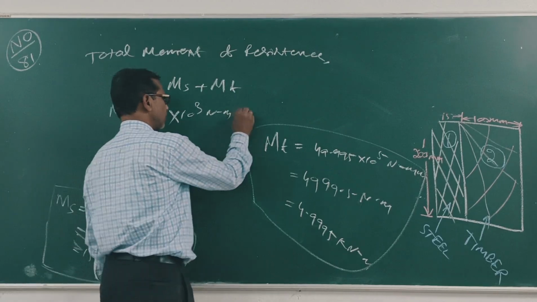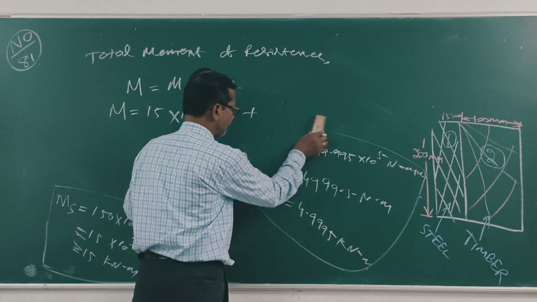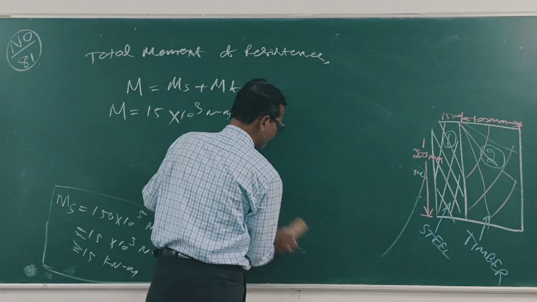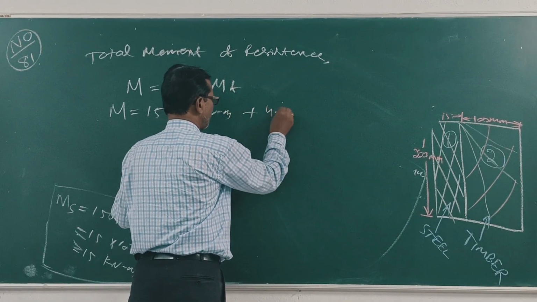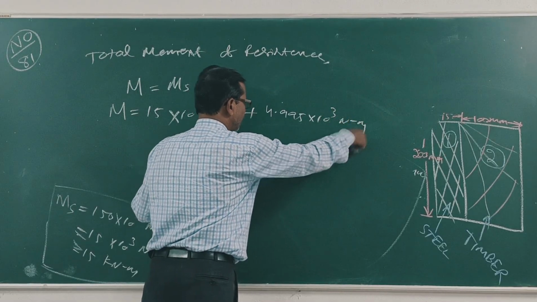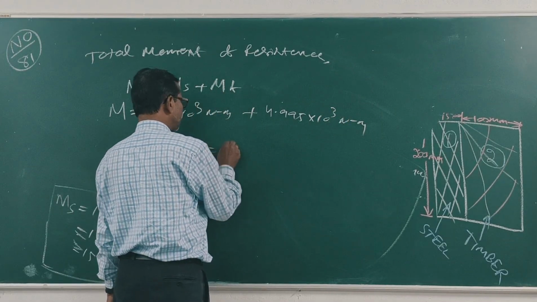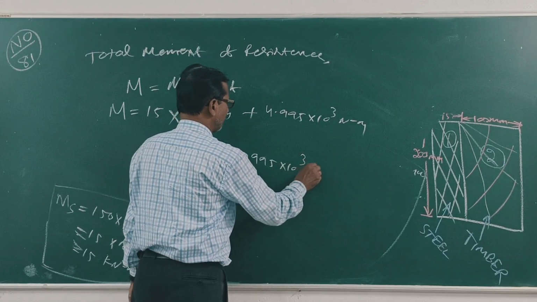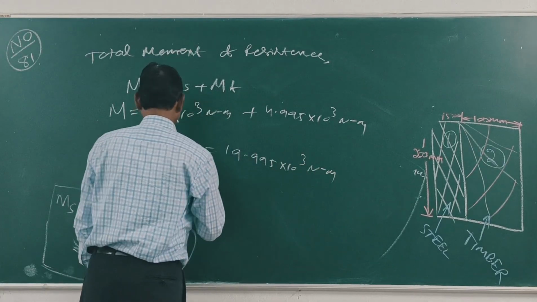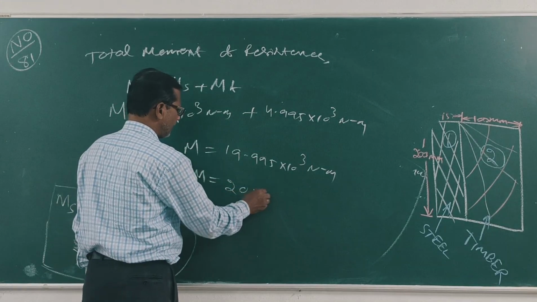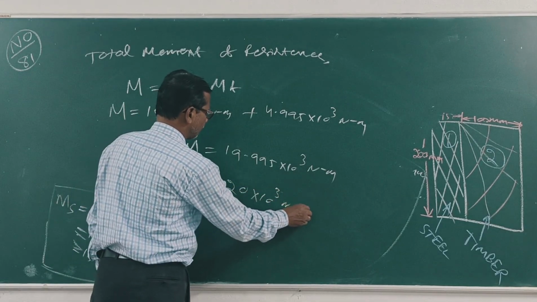plus Mt. This Mt is 4.995 × 10^3, is equal to 19.995 × 10^3 Newton meter, is equal to M, about 20 × 10^3 Newton meter.